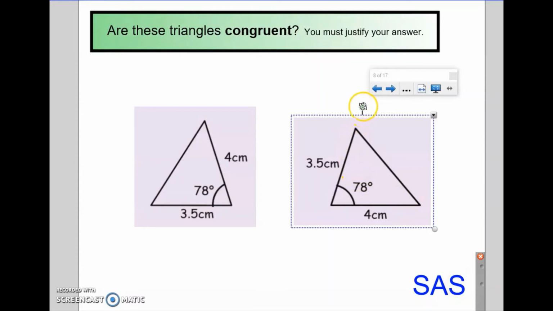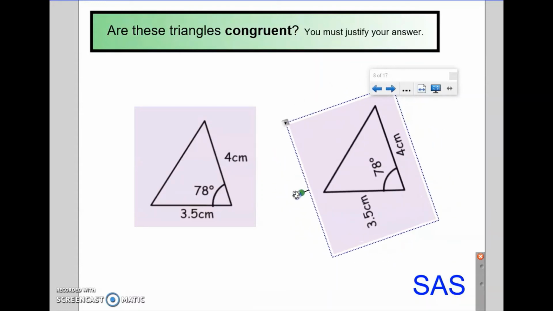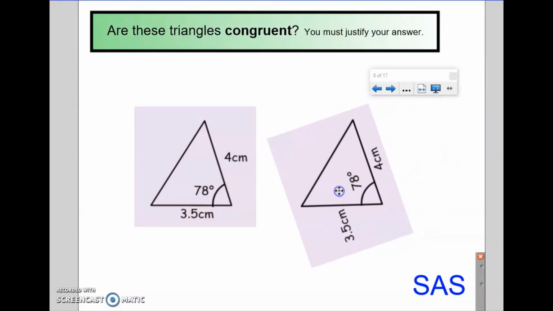If I rotate this shape around here, again, you can see that the triangles are most definitely congruent. Just make sure that the 78 degrees is in the corresponding place. It is in between the two sides.